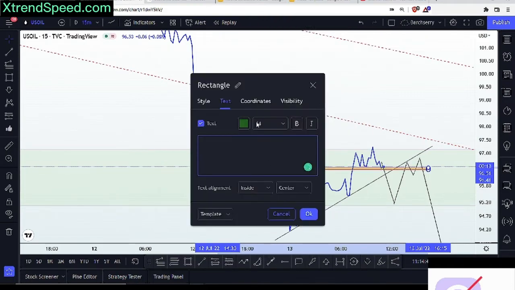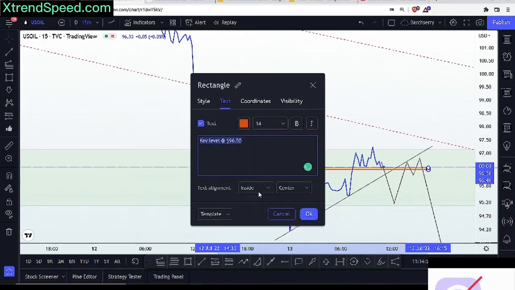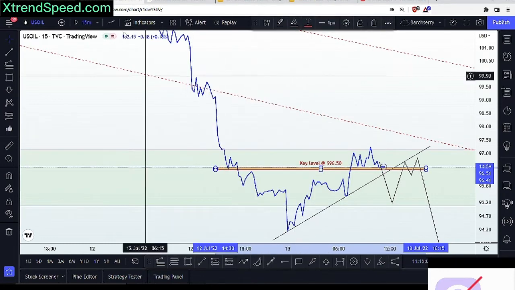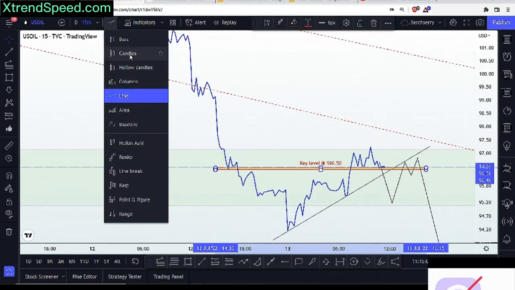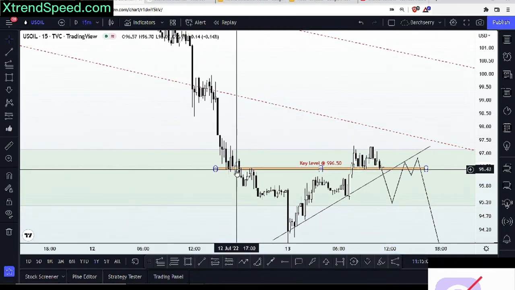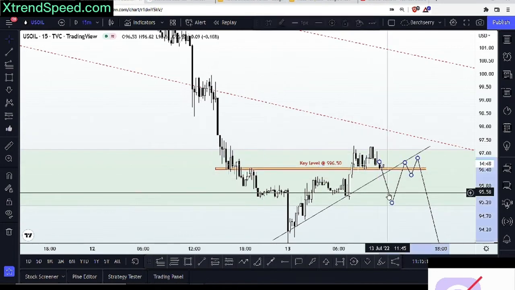So let's label this key level at $96.50. Let's have it sitting right on the top of the key level here, and then bring back our candle chart. Very good. So we have this key level here at $96.5 area.